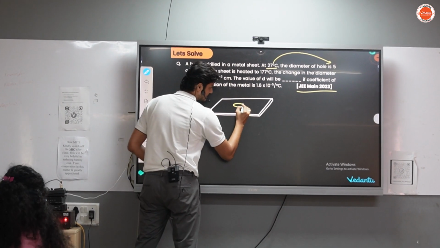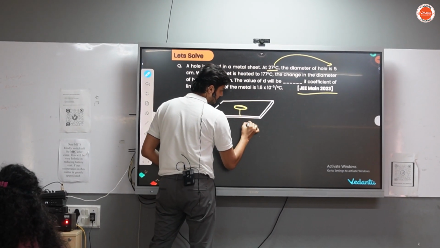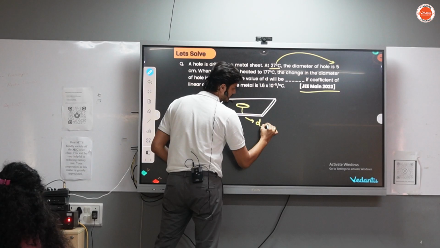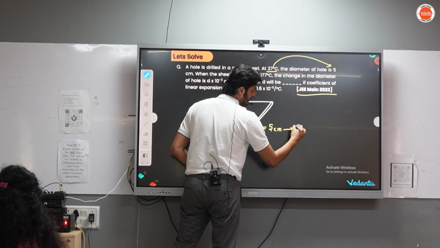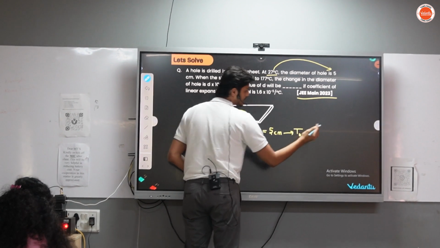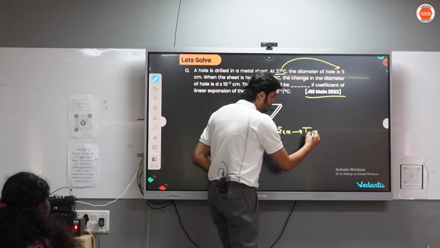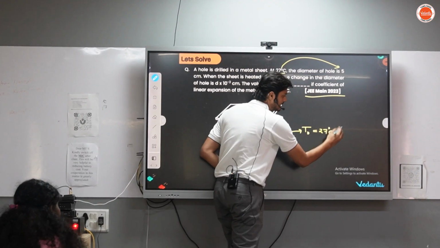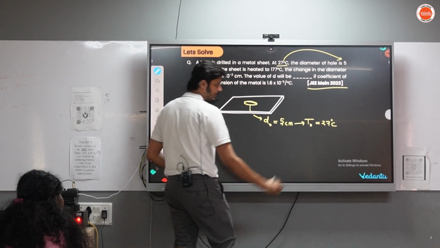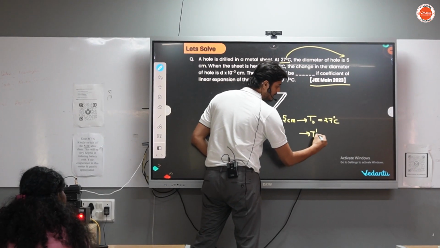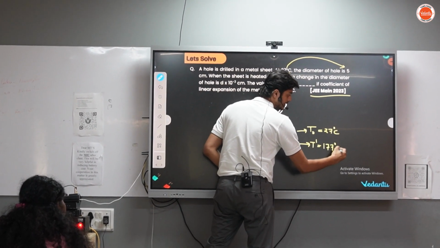Once you drill it there will be a hole, with initial diameter d naught equal to 5 centimeter. The initial temperature T naught is 27 degrees Celsius, which they have given. Now the sheet is heated up to T dash, which is 177 degrees Celsius.